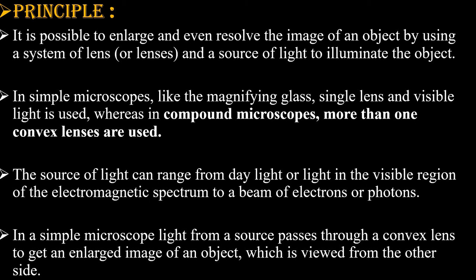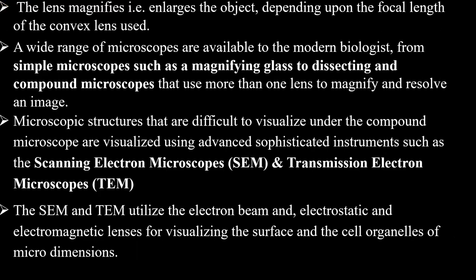The source of light can range from daylight to light in the visible range of the electromagnetic spectrum to a beam of electrons or photons. In a simple microscope, light from the source passes through a convex lens to get an enlarged image of an object, which is viewed from the other end. The lens magnifies, that is, enlarges the object, depending upon the focal length of the convex lens which is used.